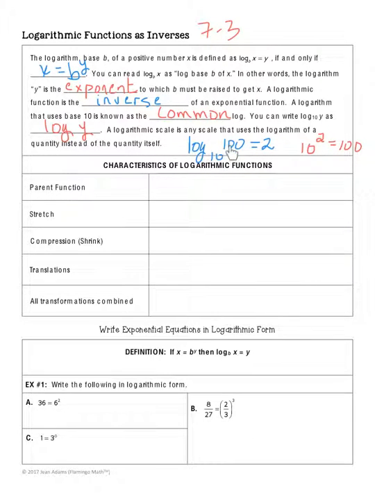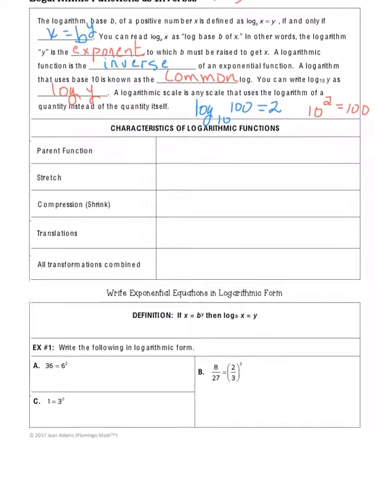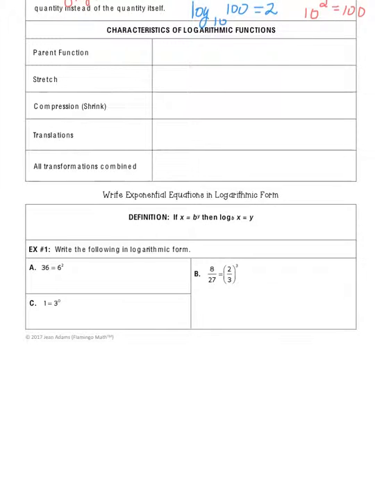We would have just written log of 100. That's the only base that you can write that way. A logarithmic scale is any scale that uses the log of a quantity instead of the quantity itself. All right, so let's look at characteristics of a logarithmic function.